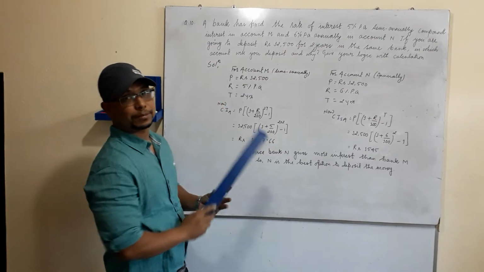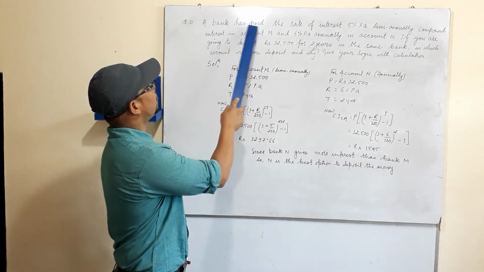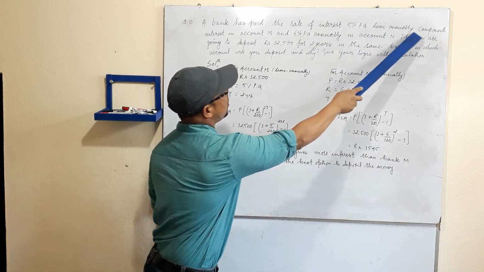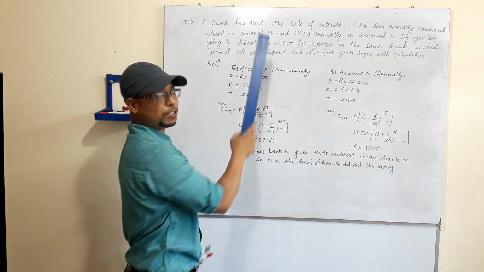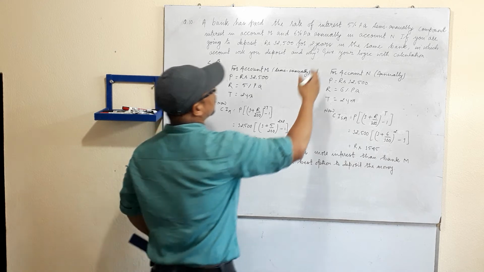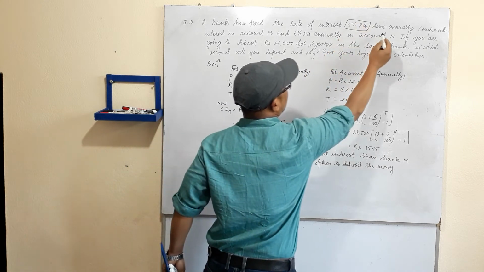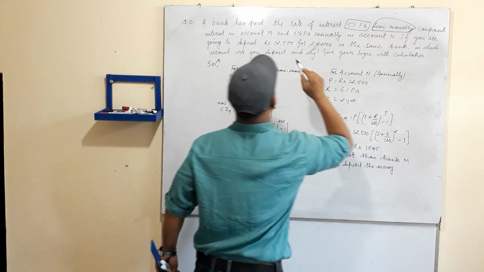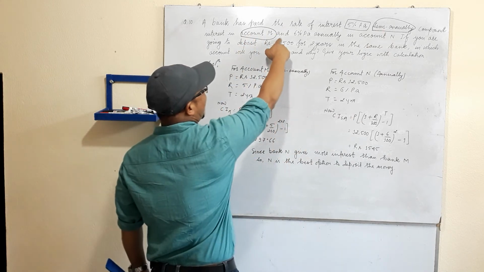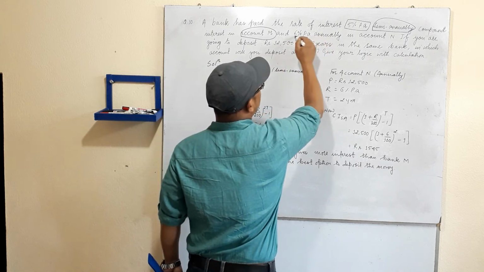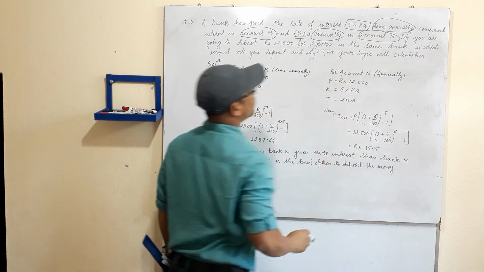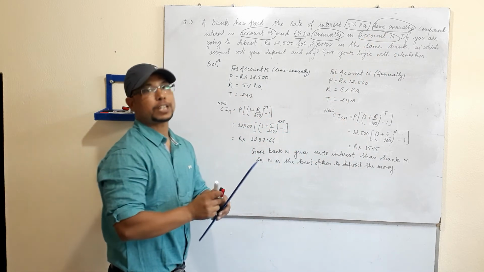Question number 10. A bank has fixed the rate of interest 5% per annum semi-annually compound interest in account M. And now see here, the main part is the rate is given 5% per annum semi-annually in account M, and this is the first part, and 6% annually in account N. Now here are again two cases.